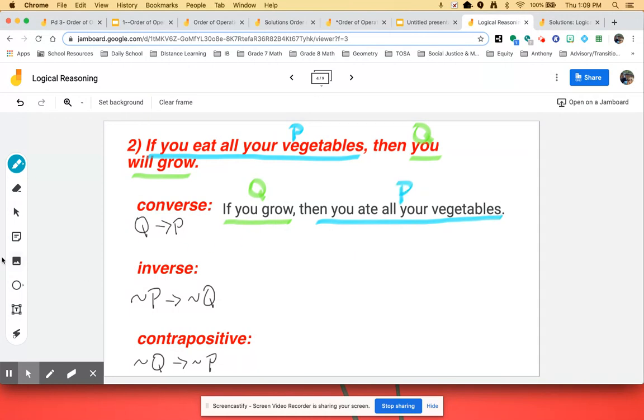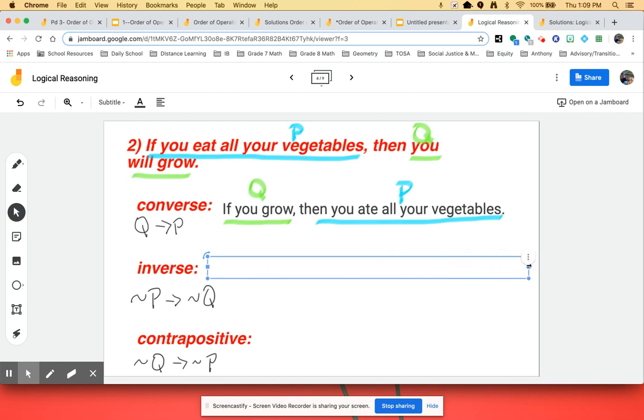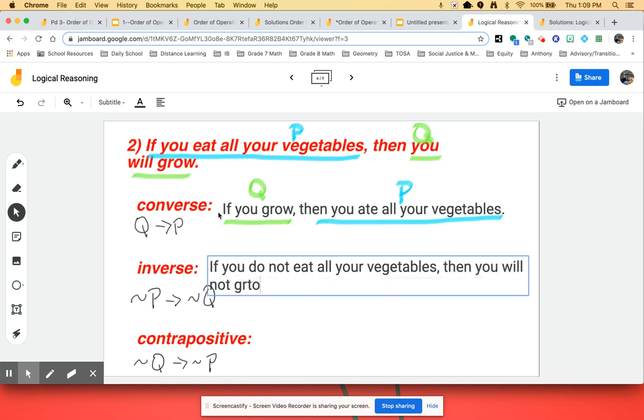Let's try the inverse. This is not P, then not Q. So we're going to negate the first part of our statement. So if you do not eat all your vegetables, then you will not grow.